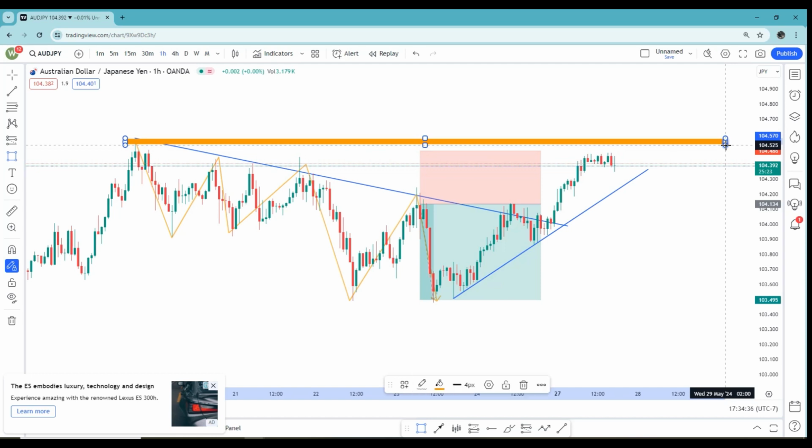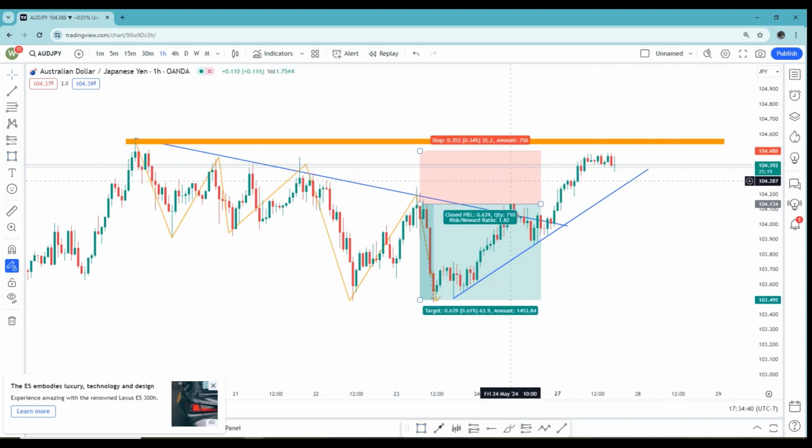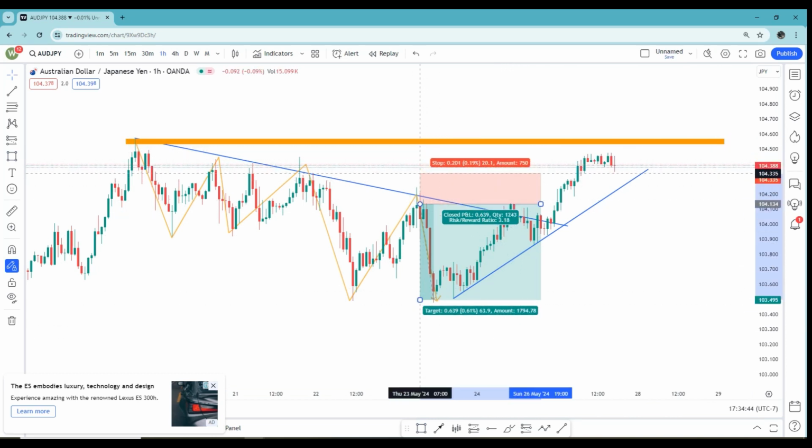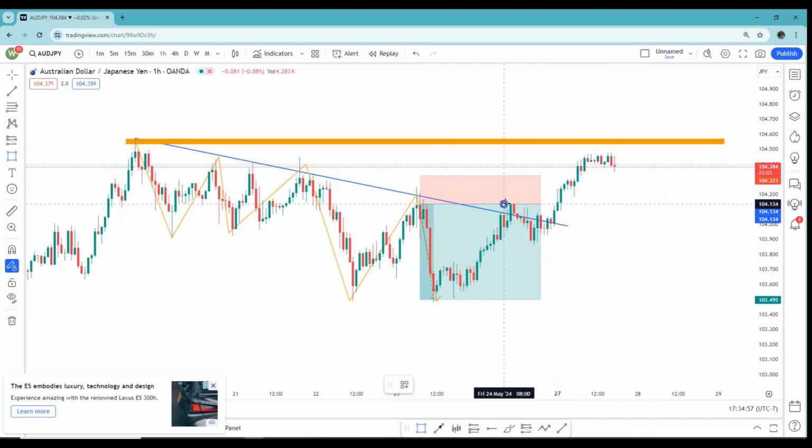You can see the market is trying its best to push all the way to this point. Then after this point, the market is going to give the real pullback. The real pullback is going to be around this area over here. It's always around this area.